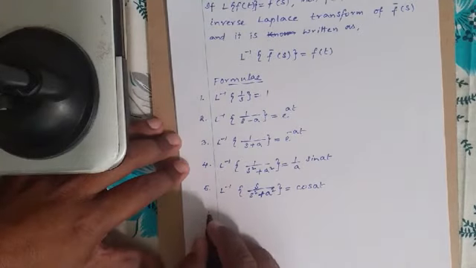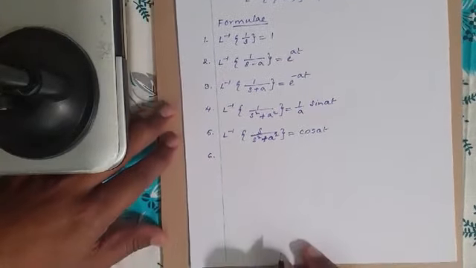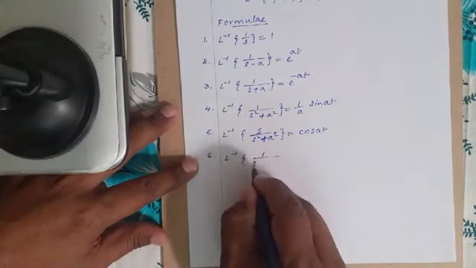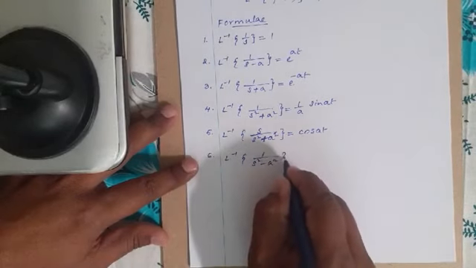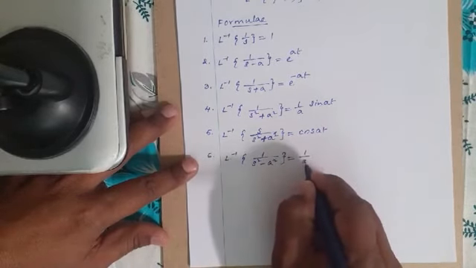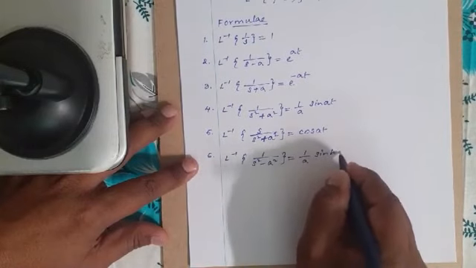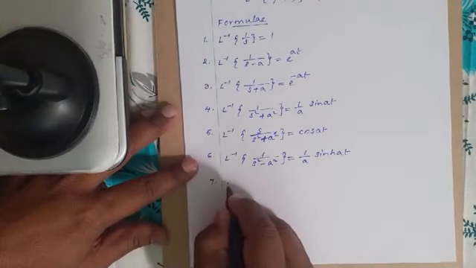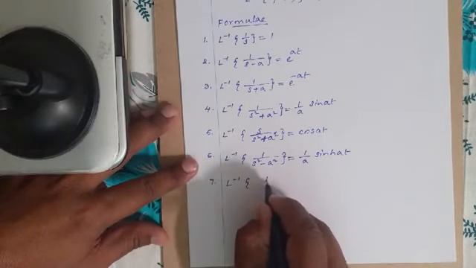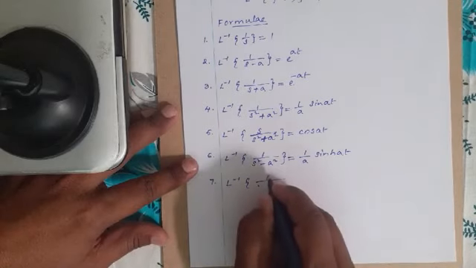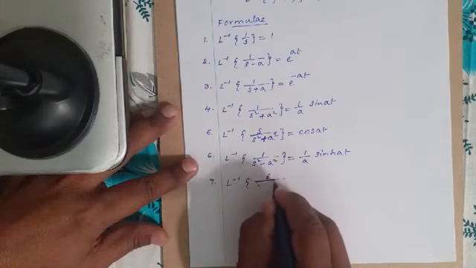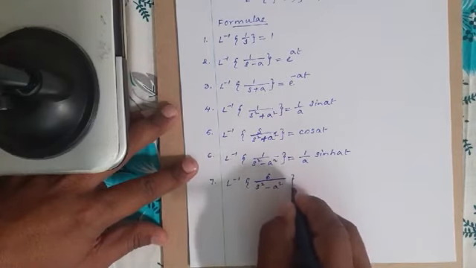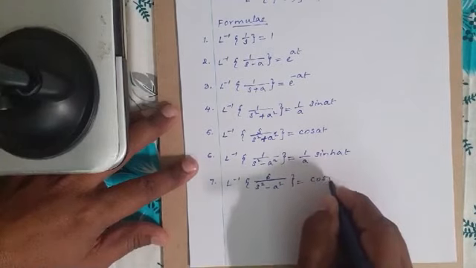Now sixth one, L inverse 1 upon s square minus a square is equal to 1 upon a sinh at. Seventh one, L inverse s by s square minus a square is equal to cosh at.